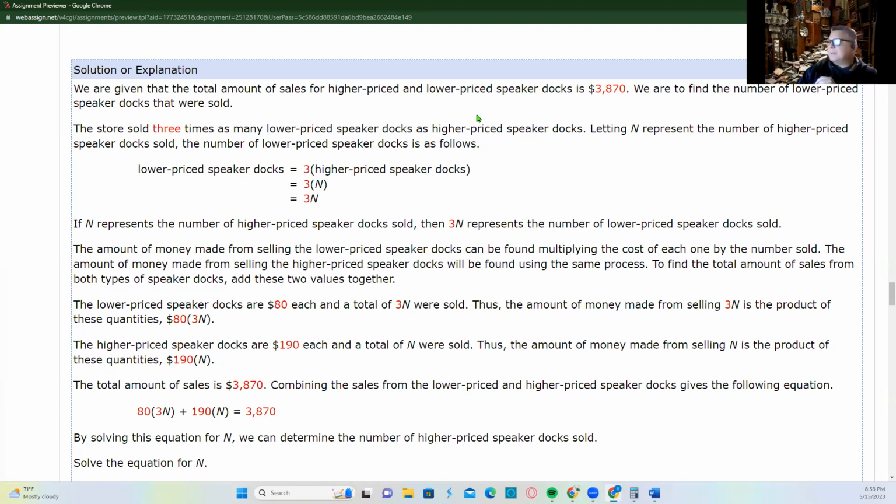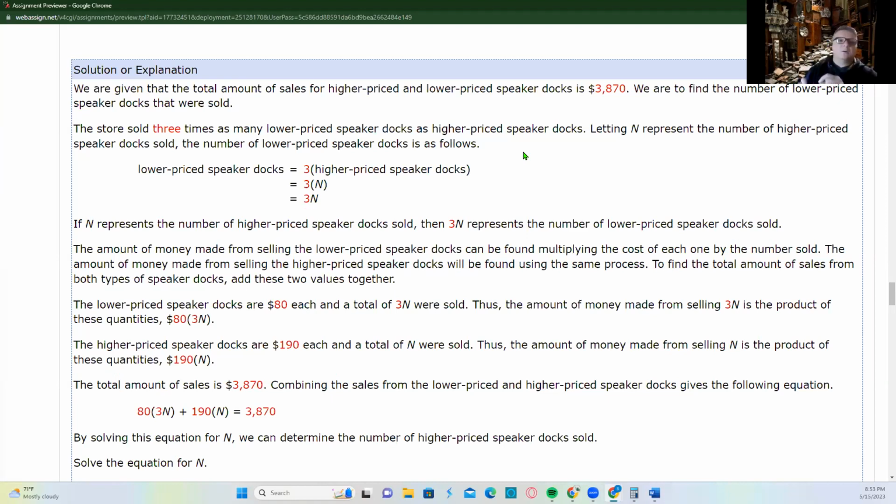Because they give you the information up here. 3 times as many lower price speaker docks as higher price speaker docks. So they just picked a letter out of the alphabet, N, to represent the number of higher price speaker docks. The number of higher price speaker docks they sold was N, which means the number of lower price speaker docks is 3 times N.